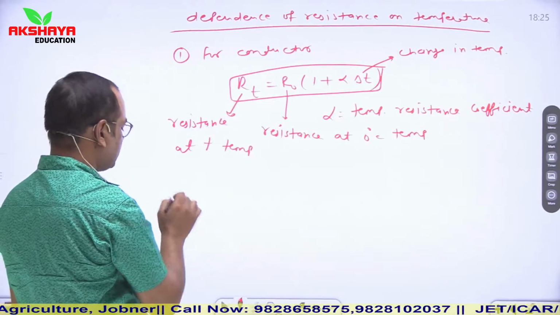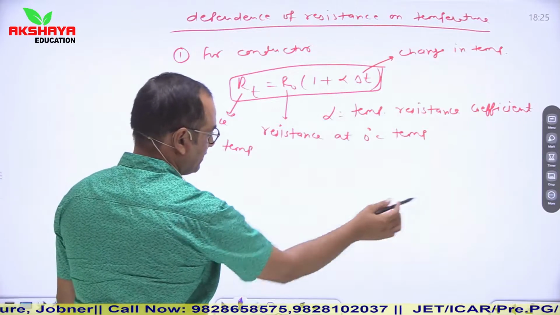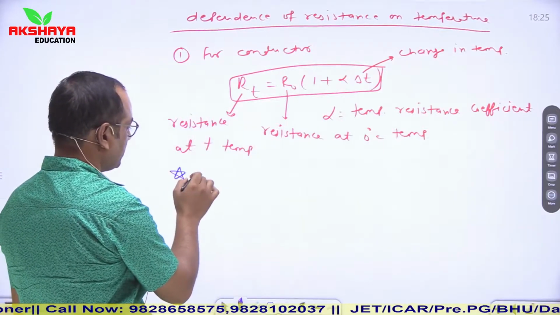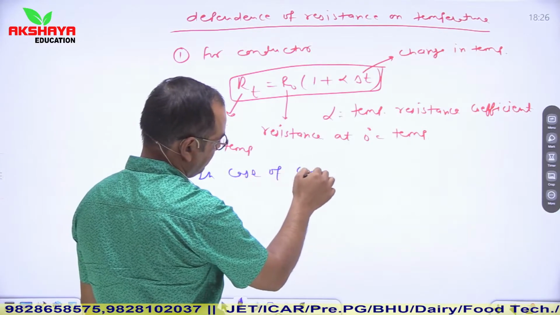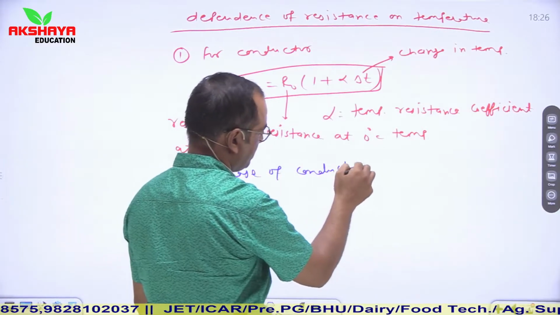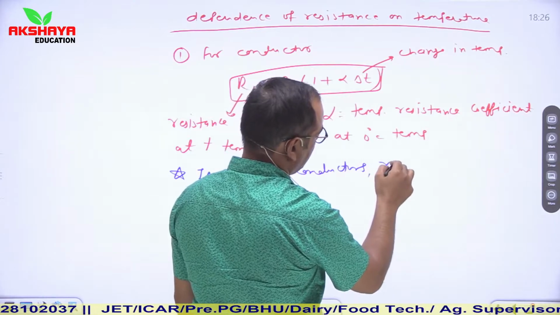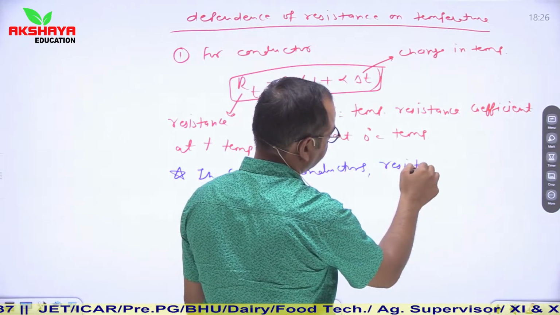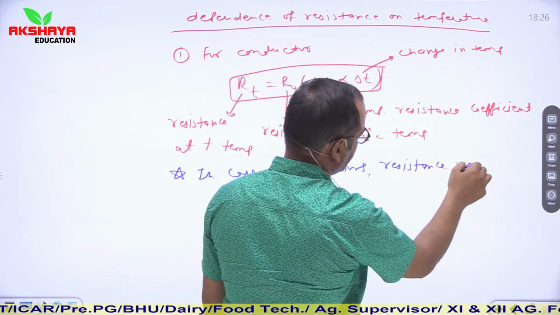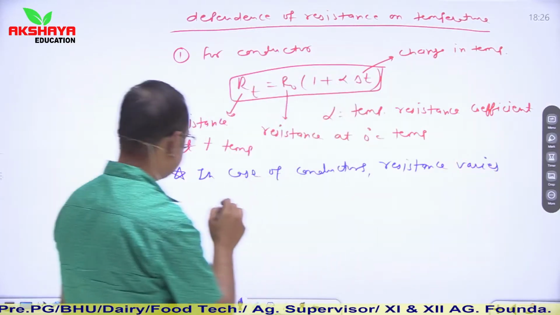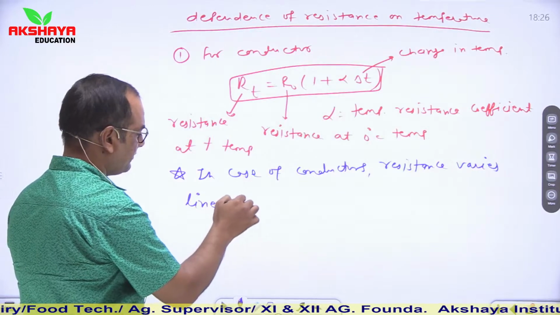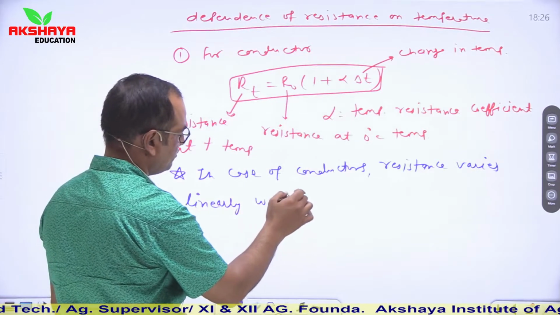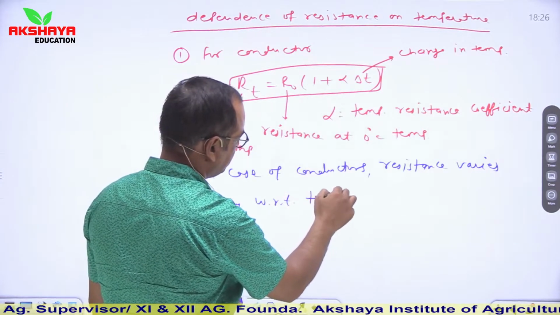So in case of conductors, resistance varies linearly with respect to temperature.